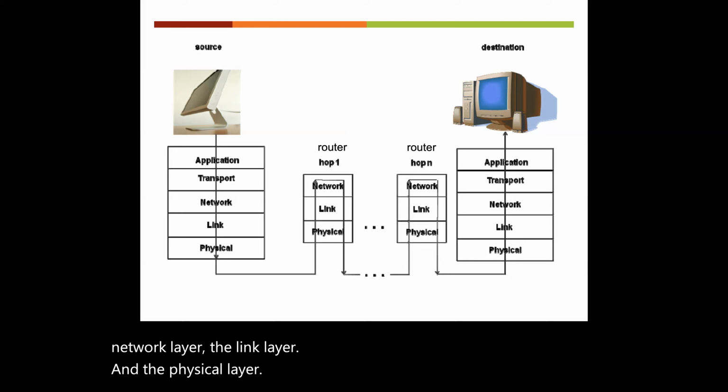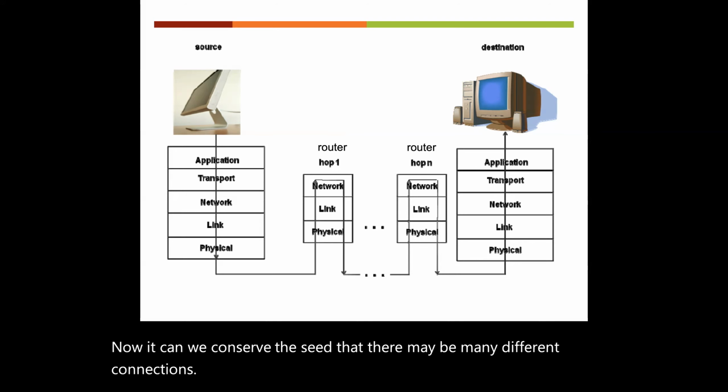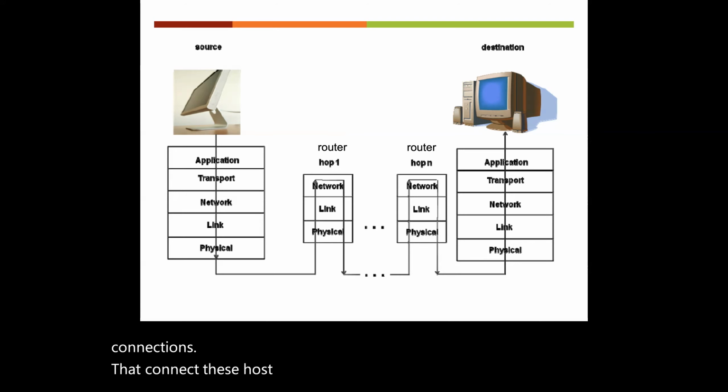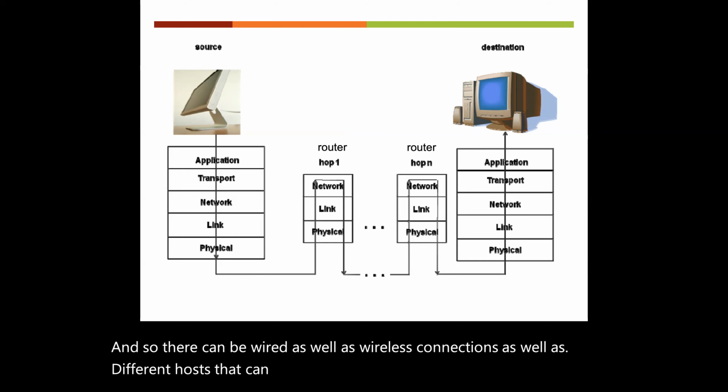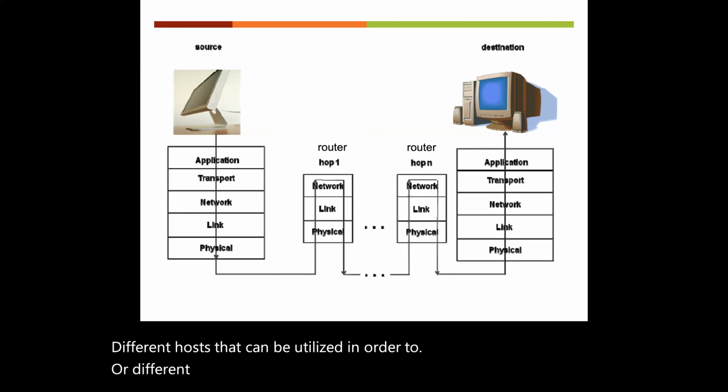Now we can see that there may be many different connections that connect these host devices. So there can be wired as well as wireless connections, as well as different routers that can be utilized in order to reach an appropriate source and destination.